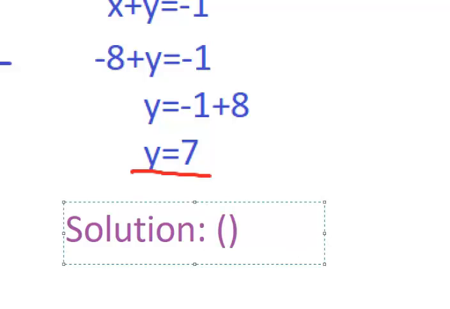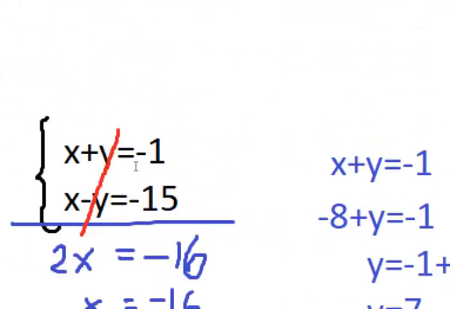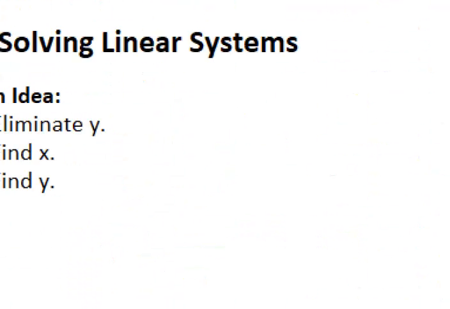We write those inside parentheses. We put the x first and then the y. So the x was -8, comma, and the y was 7. Okay, that will be the answer for our exercise. -8, comma, 7. That's how you solve linear systems.